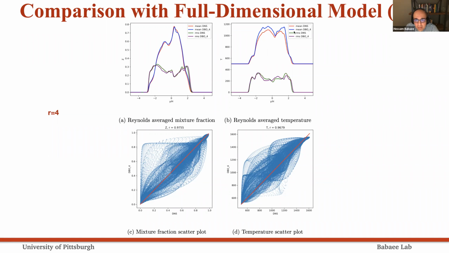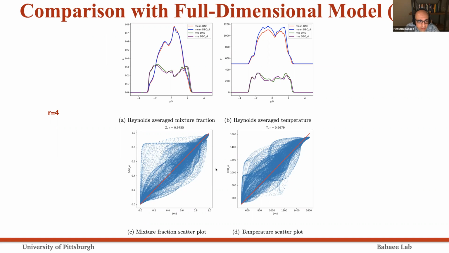This is temperature, the mean value and RMS value, compared against the DBO reduction with order 4. And this is a scatter plot of all points in space and time of DNS versus DBO. You see the mass of the points are aligned with this line, which is y equals x, and you also have the error here.